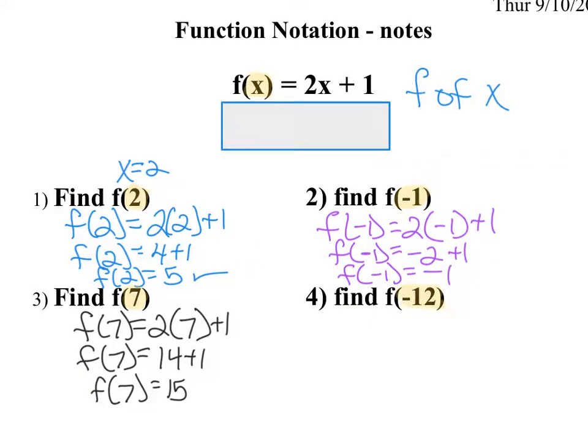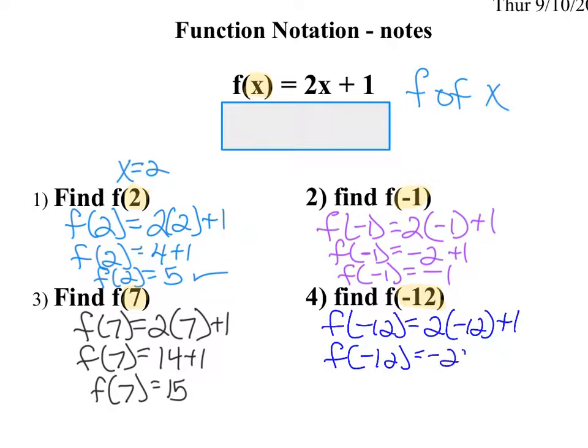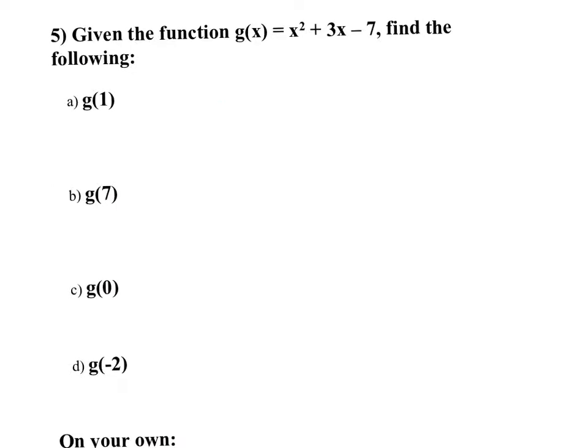Notice on number 4, the only thing that's changed is what the x is. It says find f of negative 12. So now I'm just going to plug in a negative 12. Two times negative 12 is negative 24 plus 1. Be careful with those negatives again. Negative 24 plus 1 is negative 23.